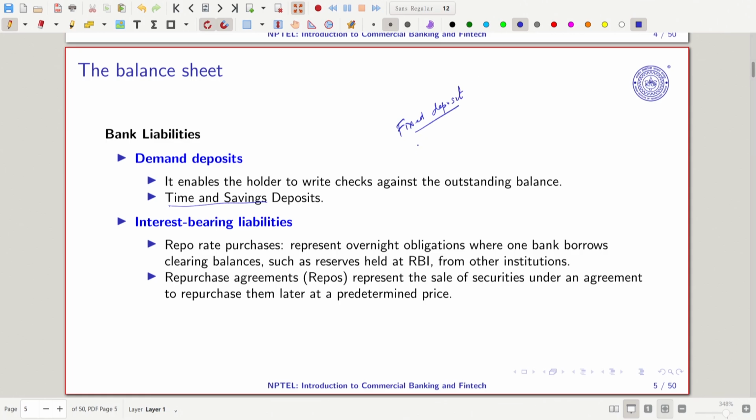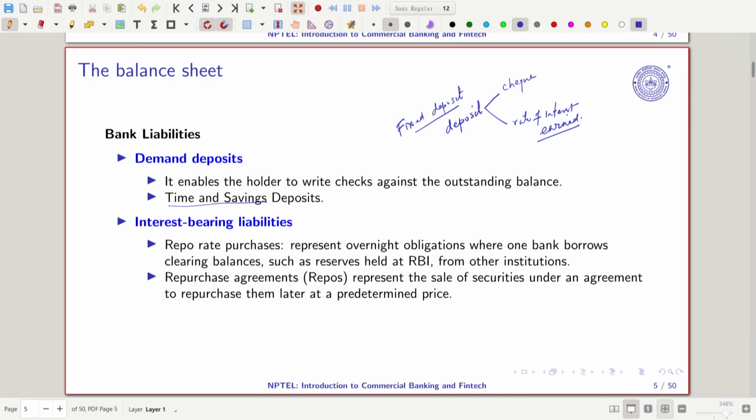Whatever individuals are depositing in the bank, the bank gives two types of services. One is the check issued, another is the rate of interest earned. So interest-bearing liabilities are these.